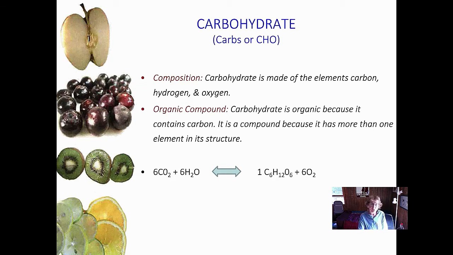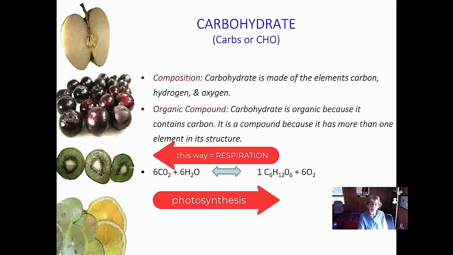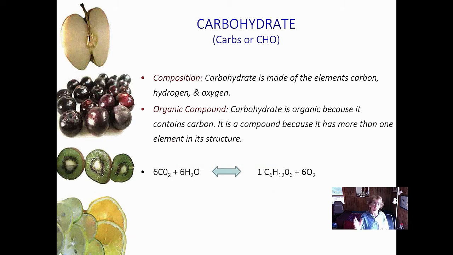Carbohydrates are formed through the process of photosynthesis, where you have carbon dioxide and water on the left coming together with energy from the sun and chlorophyll in the plant to produce a molecule of glucose, and 6 molecules of oxygen are released. This is not what's called a balanced equation, so please don't check my numbers on it.